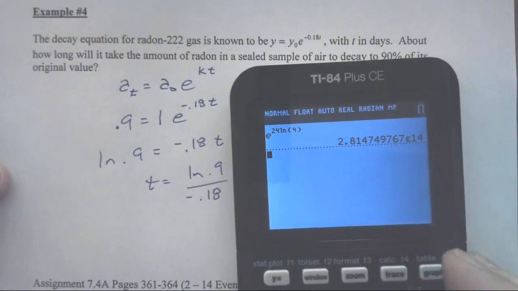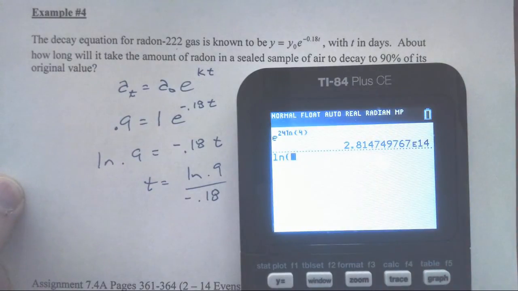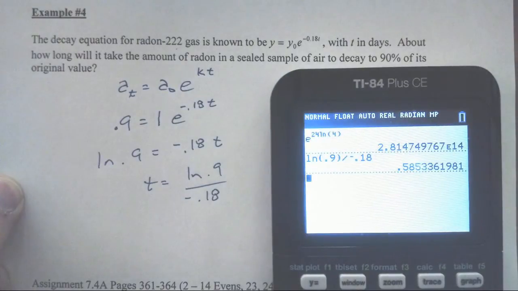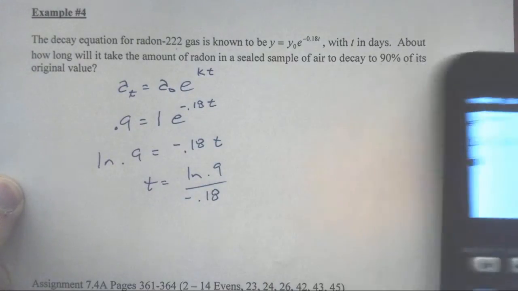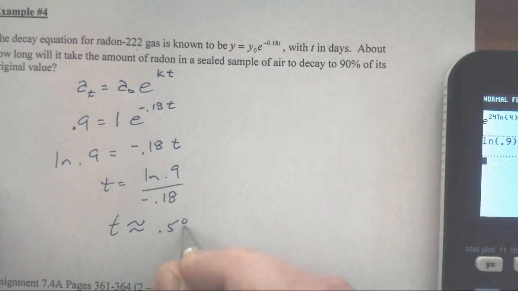So let's take a look at that. I get ln 0.9 divided by negative 0.18, and I get 0.585. t is approximately 0.585.